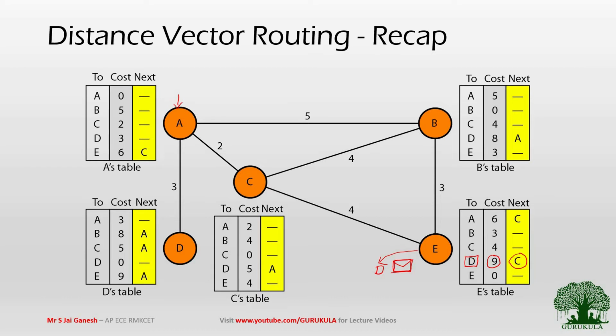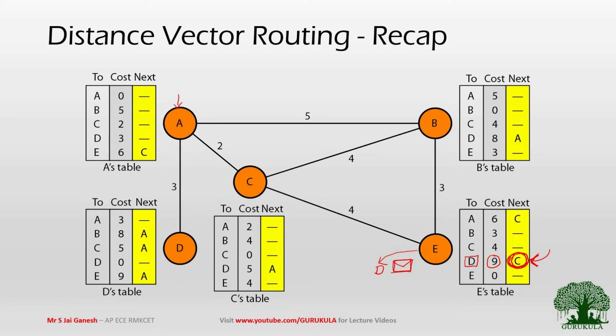So E only has the knowledge that it has to pass the packet on to C. E doesn't have any knowledge of where exactly the packet goes beyond C, and E does not know what C actually does with that packet to deliver it to D. So as far as the distance vector routing algorithm is concerned, each and every node will know only about the next node, not the entire network.